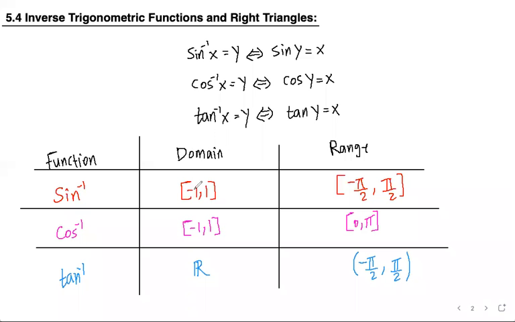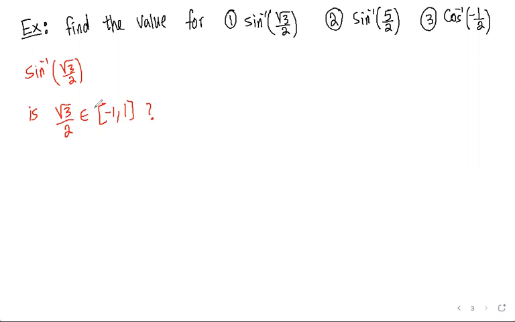So the first thing is to check the domain. Is the value between negative 1 and 1? What is the value of square root of 3 over 2? This value is less than 1, because the square root of 3 is around 1.7, so over 2 it is close to 1. So this value is between negative 1 and 1. This is true, yes.